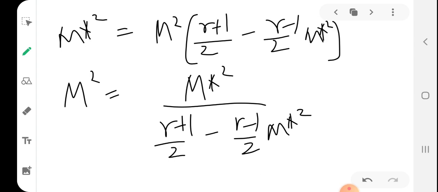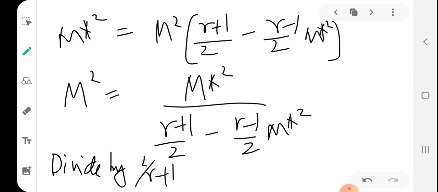Now I am going to divide the numerator and denominator by 2 by gamma plus 1, in both the numerator and denominator.